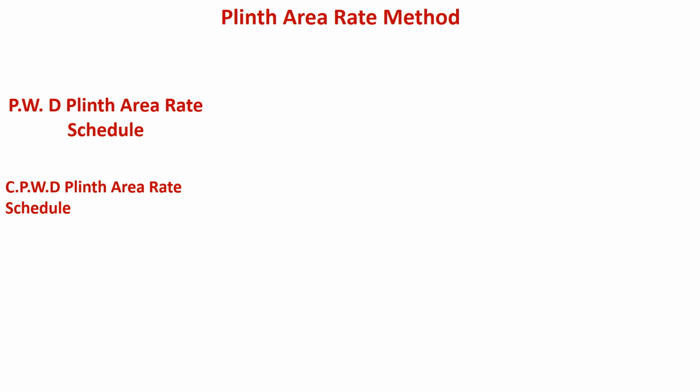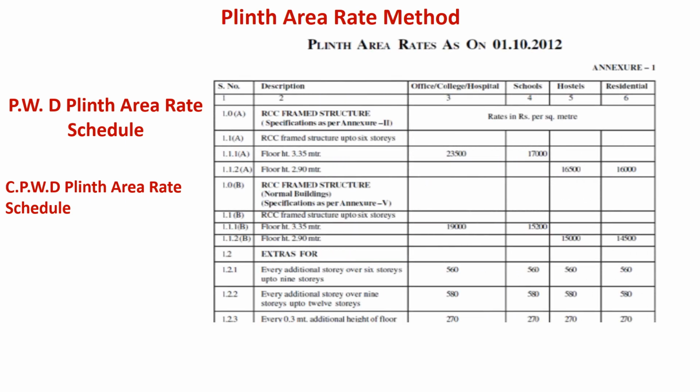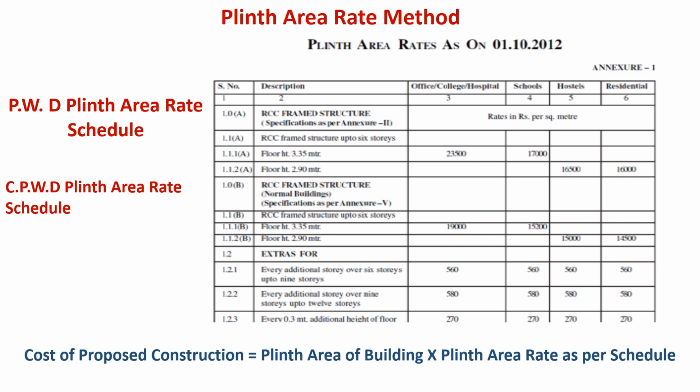We can calculate the plinth area from the proposed building plan, that is, length into breadth. Then by that area you multiply the prevailing plinth area rate, and you get the cost of the proposed construction.